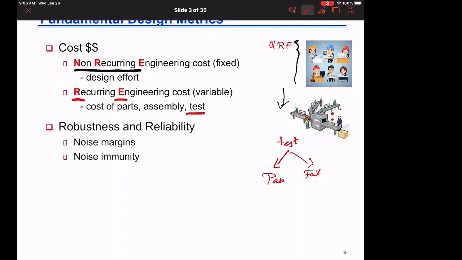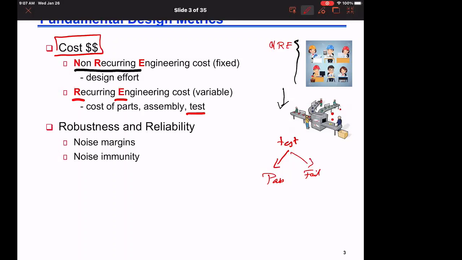Now, in addition to cost, which is the non-recurring engineering cost and the recurring engineering cost, there are other fundamental metrics that we worry about, which are the reliability of the design. My design has to be reliable, meaning it should operate. If it does not function when the temperature is a little bit hot, or if it fails to function when it is subject to some noise from another device, this means that my circuit is not robust.